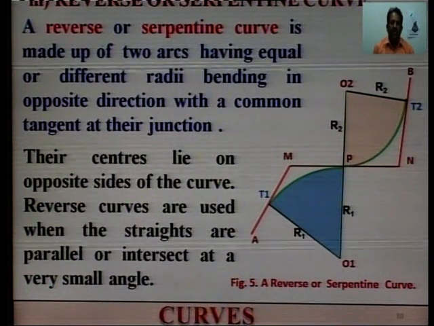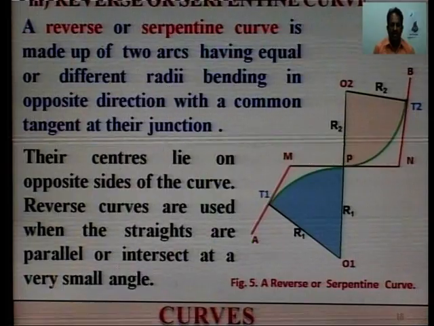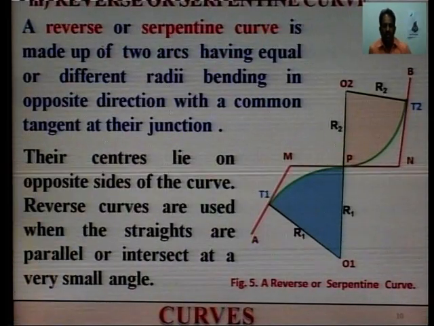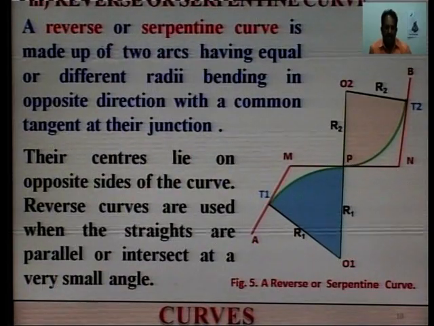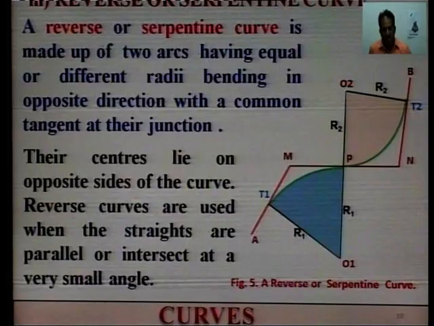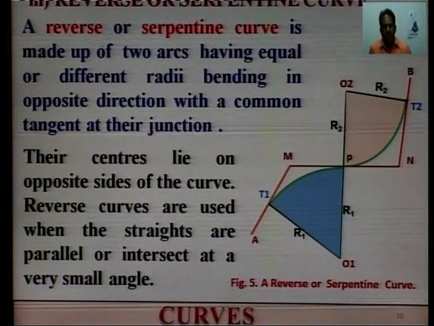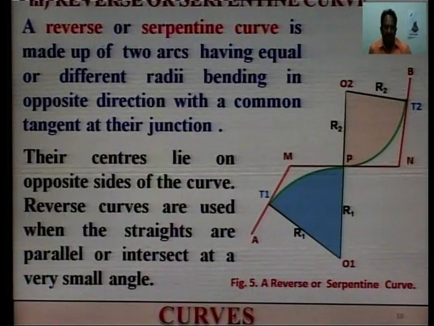A reverse or serpentine curve is made up of 2 arcs having equal or different radii, that is it can have equal radius or the radii may be different.